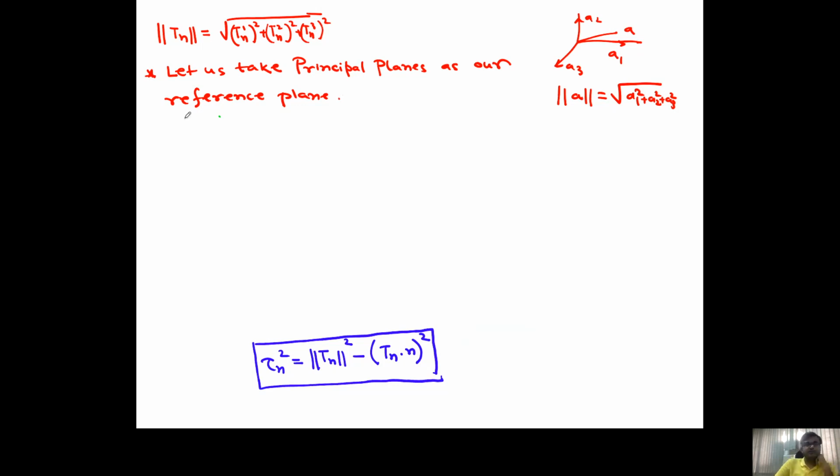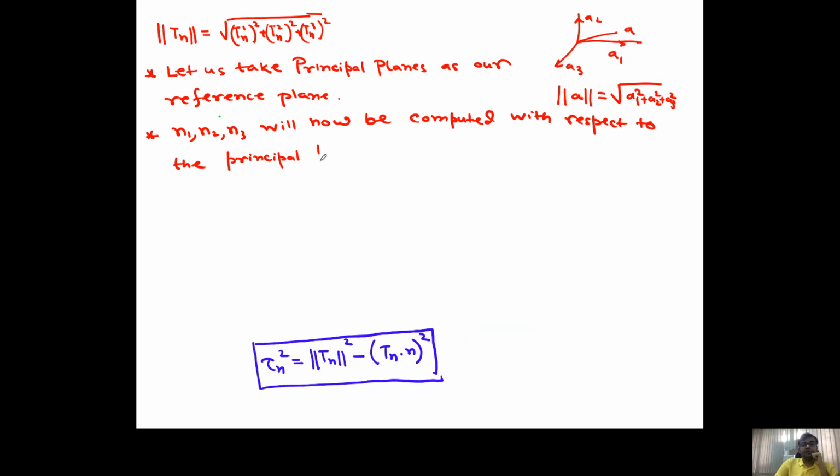What will happen with this assumption? n1, n2, n3 will now be computed with respect to the principal planes, because we have taken the principal plane as our reference plane.